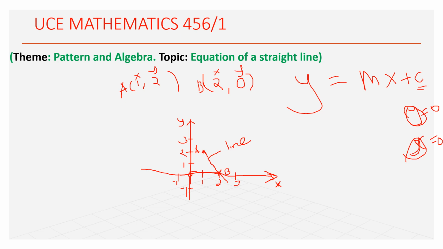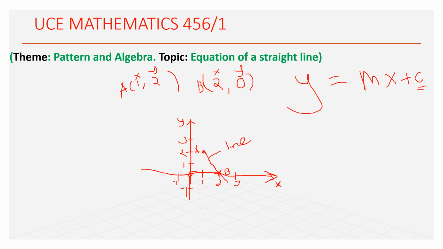Now, for us to come up with the equation of a line, first and foremost, I need to get these 2 points. If I'm given, then well and good. So given the 2 points, I can now get the equation of a straight line. The steps I need to follow are, I need to get the gradient or the slope, the incline.